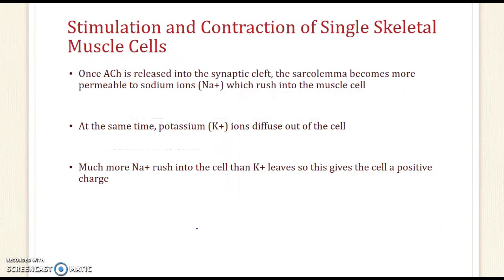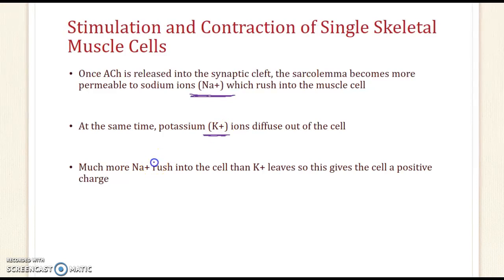So once the acetylcholine is released into the synaptic cleft, it's going to bind to that muscle cell. What happens is sodium is then going to rush into the cell. So sodium is going to rush into your muscle cell. And we're going to have a little bit of potassium leak out of the cell.